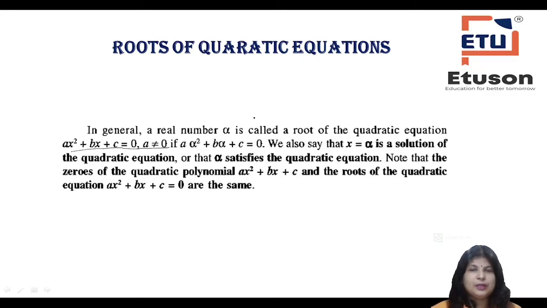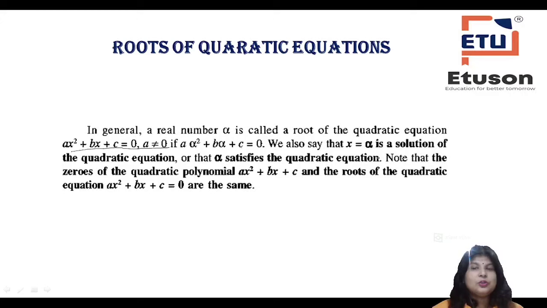So if alpha is the root of the quadratic equation, then definitely if you put alpha in place of x, that is, a alpha square plus b alpha plus c is equal to 0. We also say that x is equal to alpha is a solution of the quadratic equation, which satisfies the quadratic equation.